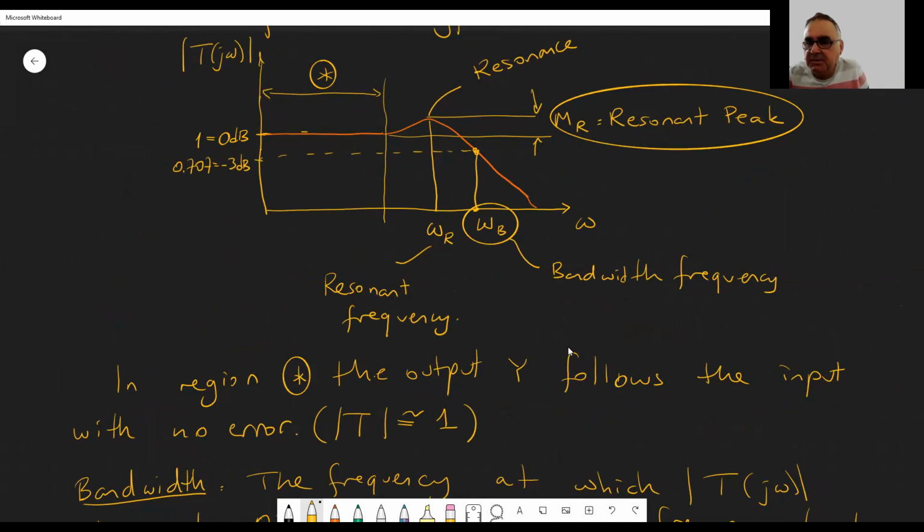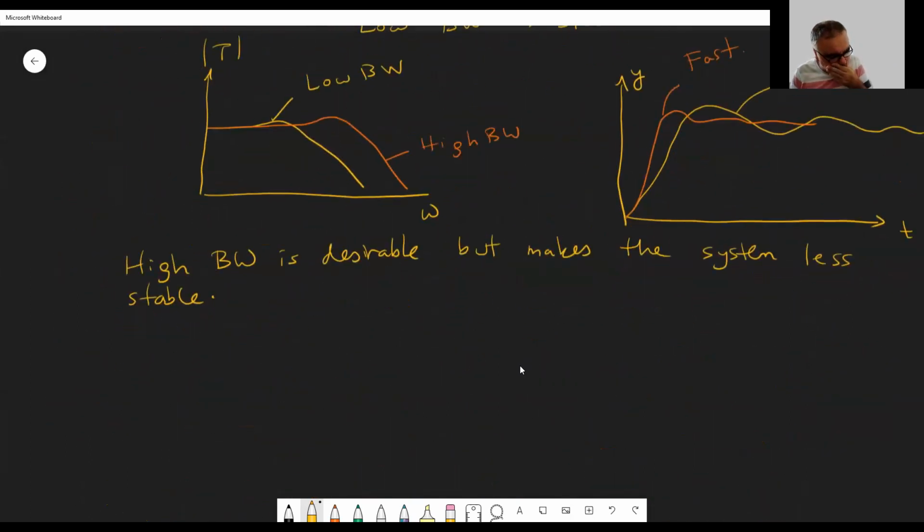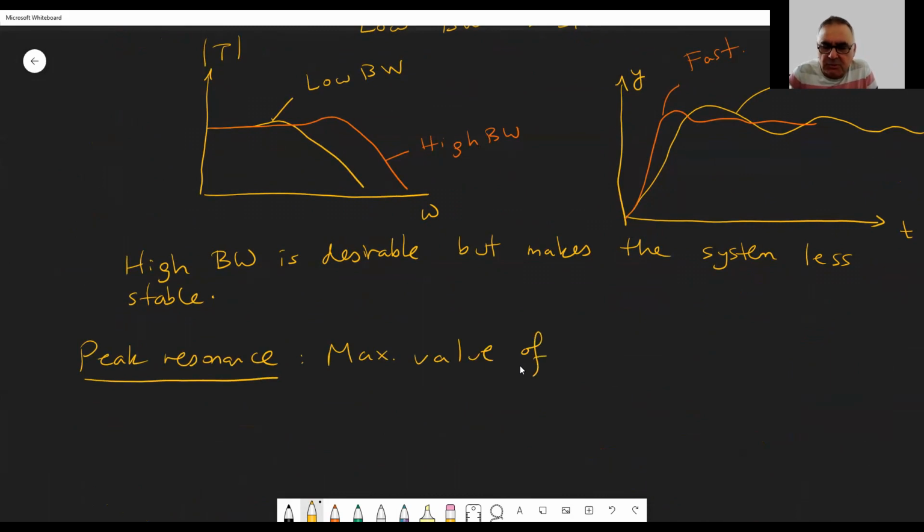Which is, as you remember, the maximum value of T of j omega over omega, okay? That is the peak value of your response. In order to get good response, first of all, this peak resonance is usually not avoidable, okay? You try to limit this T of j omega.